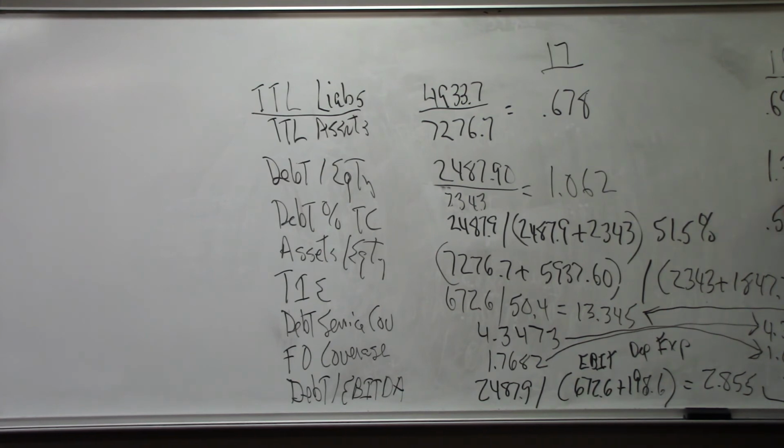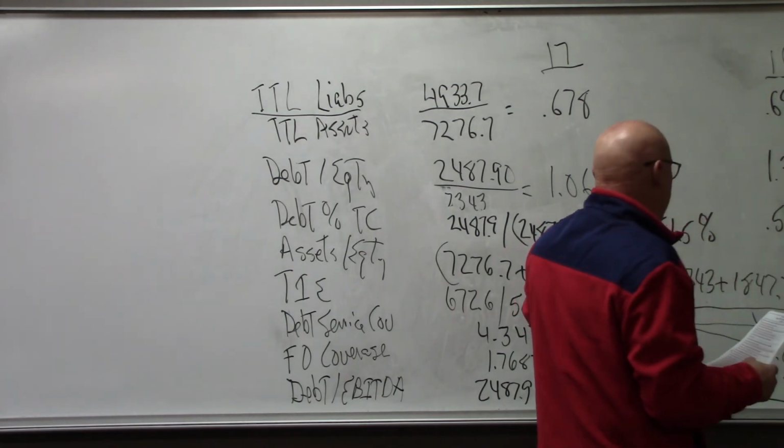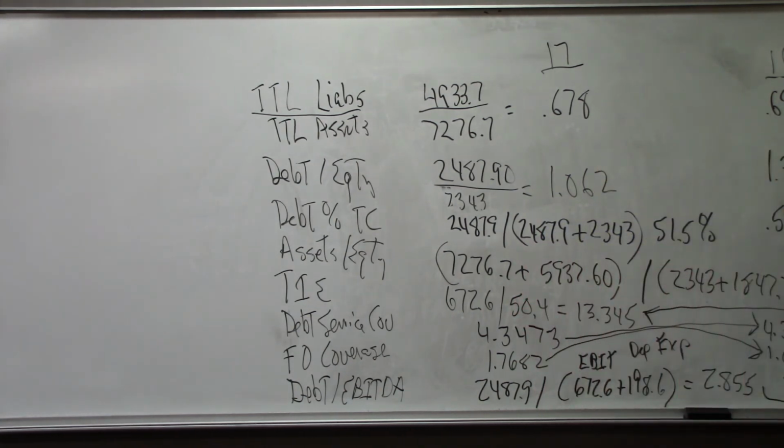This is lower leverage. This is lower leverage in 2017. All these went down, okay? Assets to equity, same thing, lower in 17, okay?